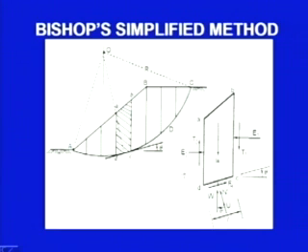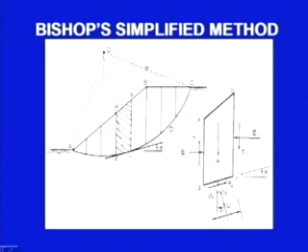Now, you can see in this case we are taking the side forces also. So, W, the weight of the slice, is acting in the downward direction, and on the right hand side, the side force along the surface is acting in the downward direction. On the left hand vertical face, this force will be acting in the upward direction.